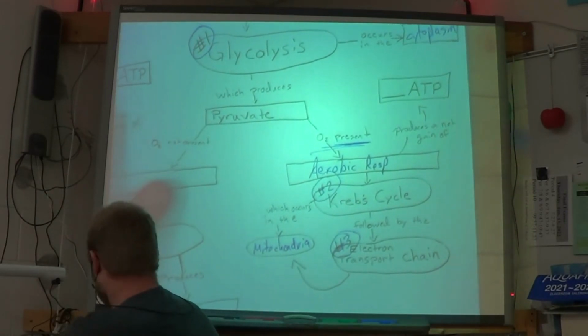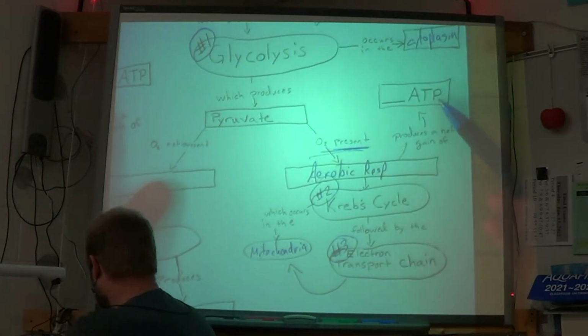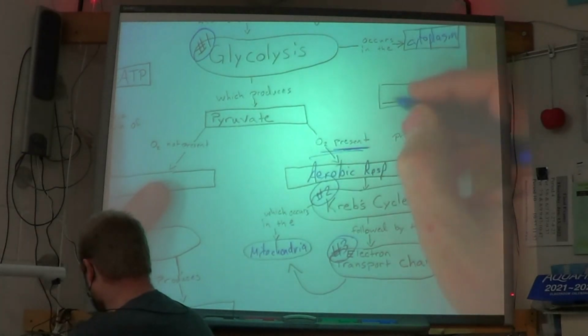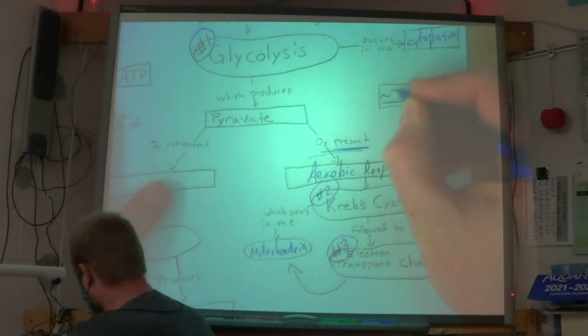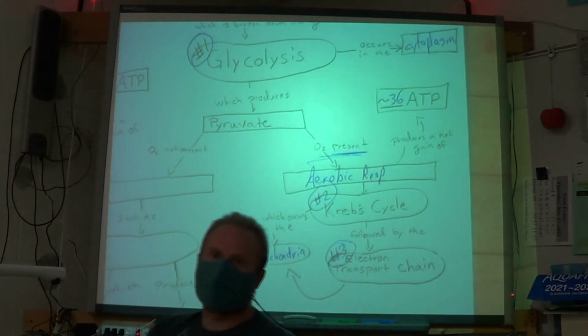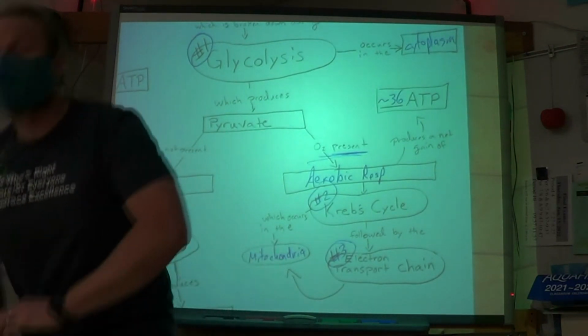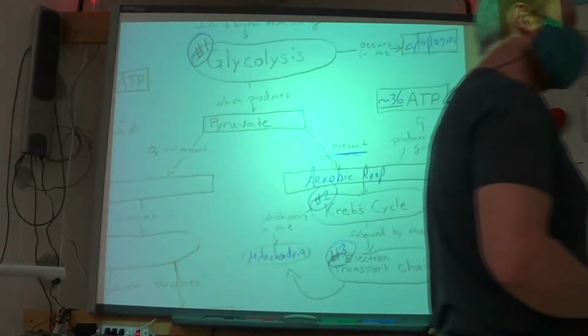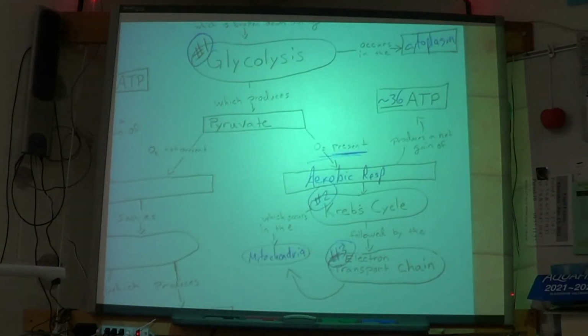And approximately how many ATPs are produced during this? Approximately, and that's kind of the approximate symbol. So approximately 36 ATPs are produced. So it's a range, it's an approximation. If I were to ask you a question that said how many ATPs are produced, and your choices are 36 or 18 or 1,000, you would choose the 36.